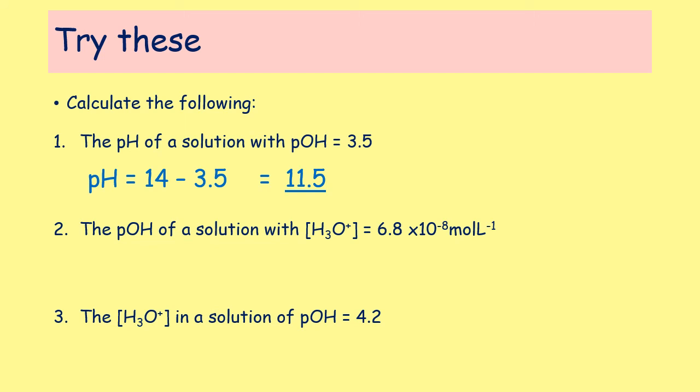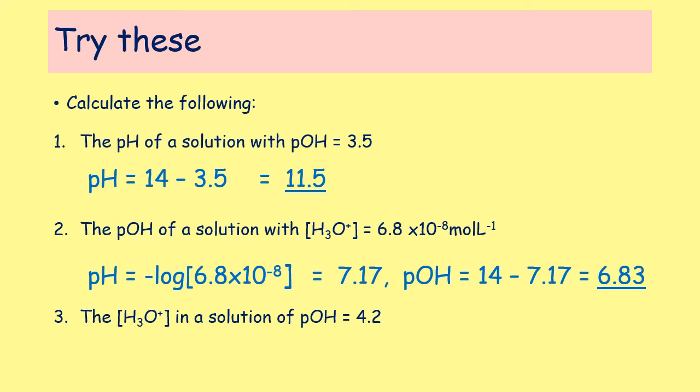What is the pH of a solution with a concentration of hydronium ions equal to 6.8 times 10 to the minus 8? Well, there are a couple of ways in which you could do this. You could look at the ionic product of water, and from that calculate the concentration of hydroxide, and from the concentration of hydroxide work out the pOH.